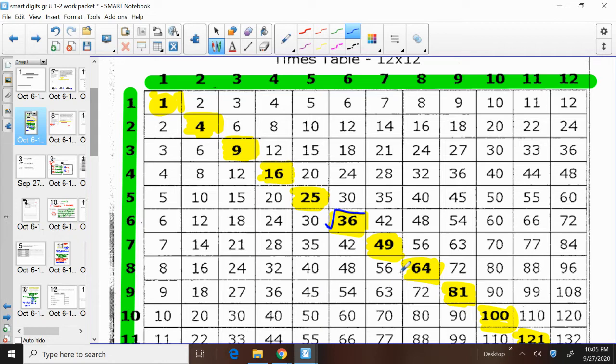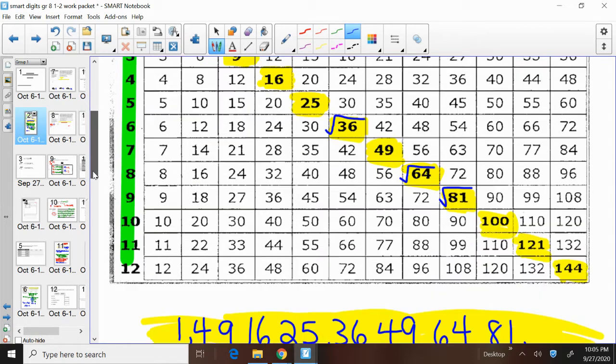So then what's the square root of 64? The answer would be 8, because 8 times 8 equals 64. So the square root of 64 is 8. What's the square root of 81? Square root of 81 is 9, because 9 times 9.